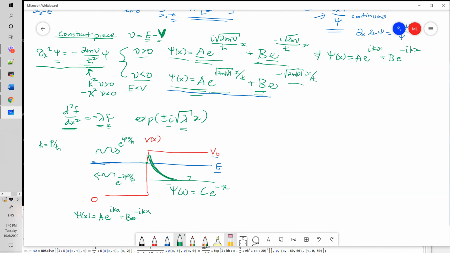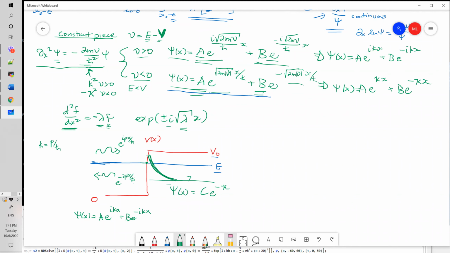And here I can do the same thing: a e to the kappa x plus b, and they're different. The difference is whether you do E minus V or V minus E, essentially. But if you put magnitudes on here, then they're basically the same thing.